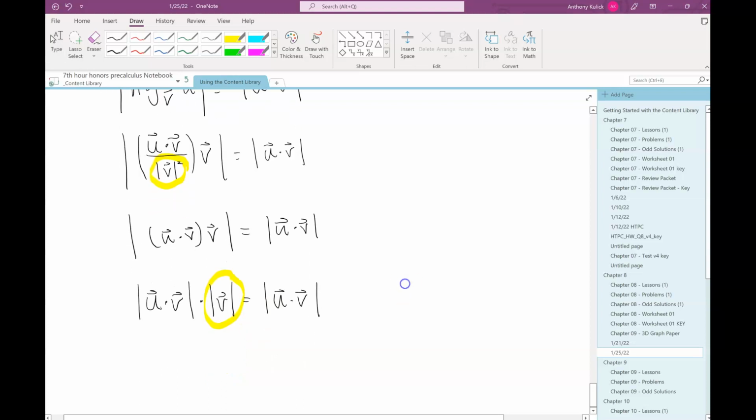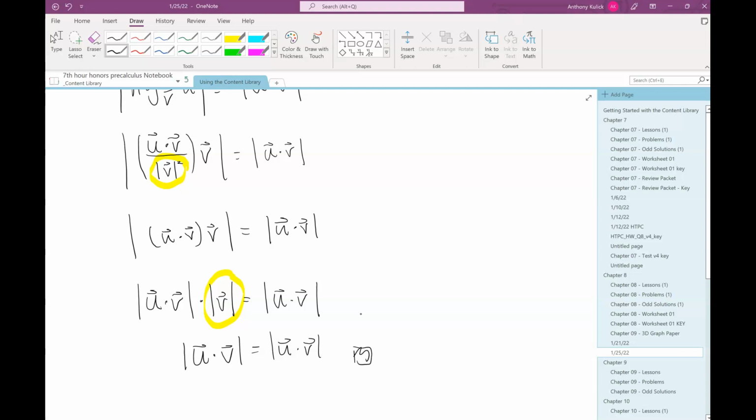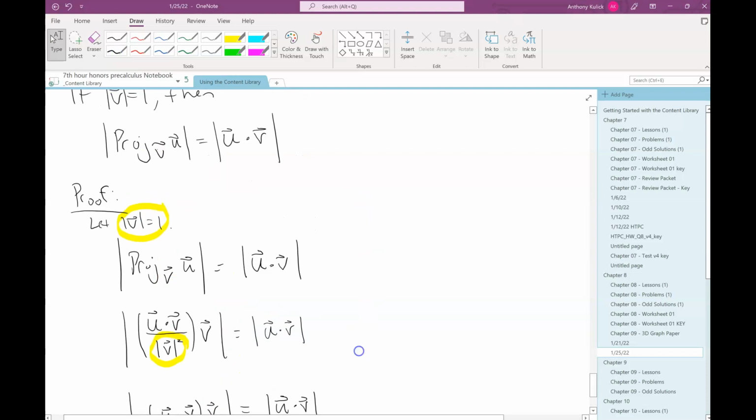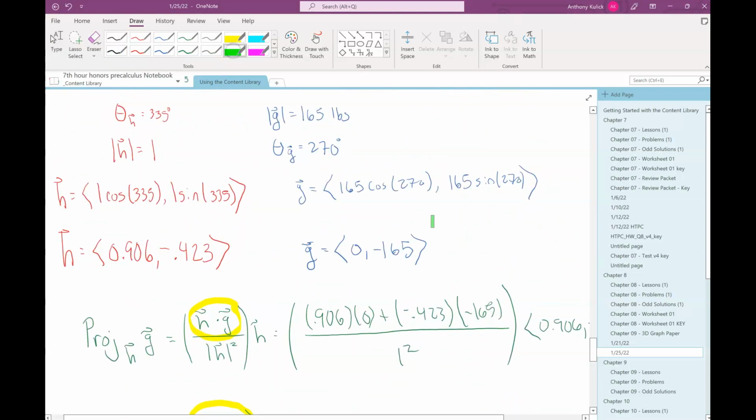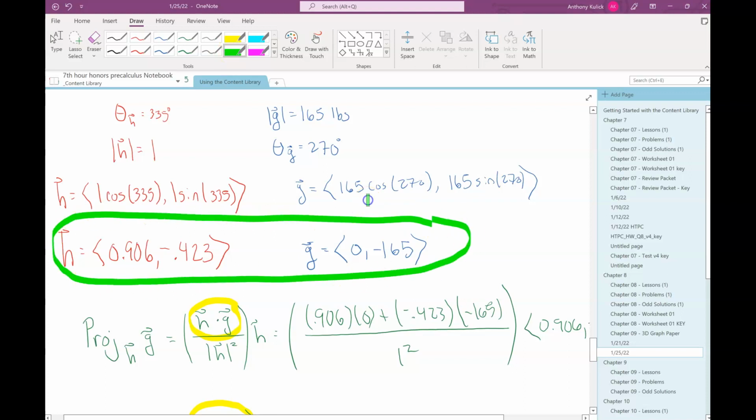The magnitude of V is 1. So yeah, we can use that shortcut, which is pretty cool, because if we go back to our previous problem, that means right here, all I need to do is the dot product, and I can skip everything else.